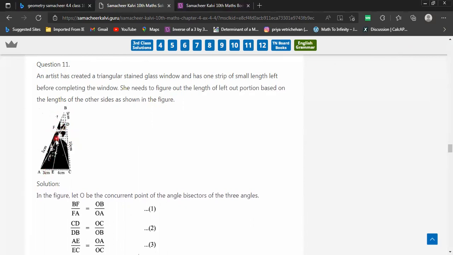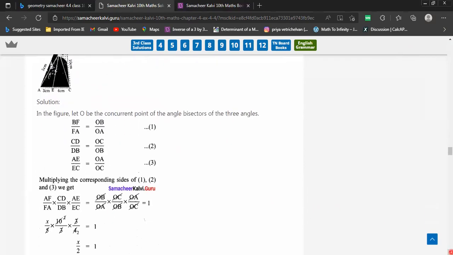I don't understand why they are finding AF. I think it's BF. You have a printing mistake here. Sorry, it's BF actually. That's what I was wondering. It's a printing mistake.